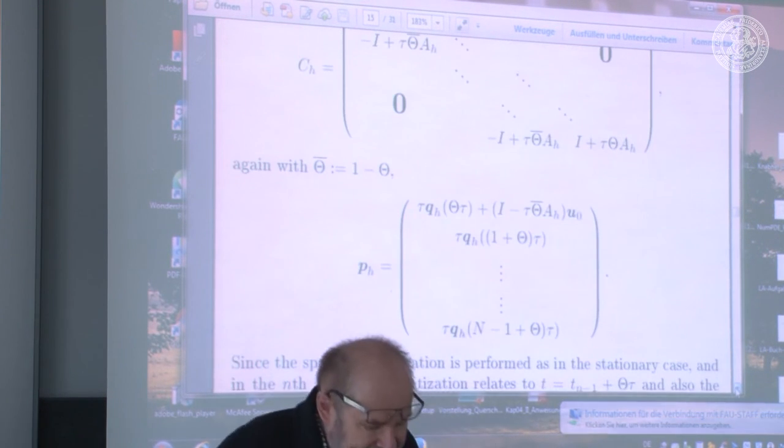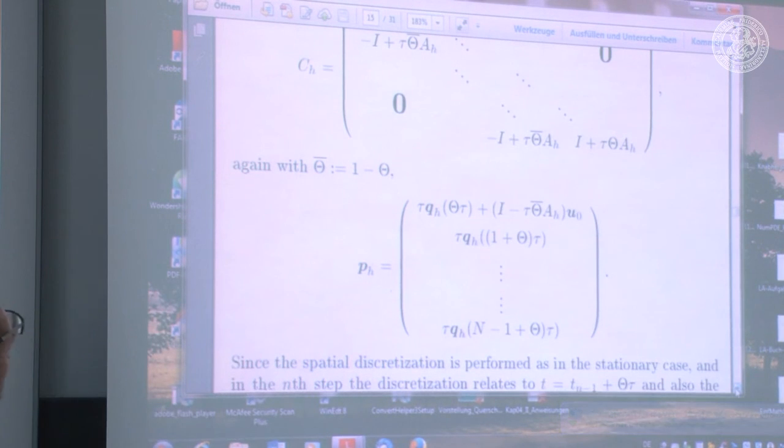Now we have the right-hand side. The right-hand side consists of the corresponding evaluation of the right-hand side we have after the discretization in the semi-discrete version, which produces us the QH, which consists of the F parts, of the distributed parts, but in the finite element case it could also include the boundary integrals, which come from inhomogeneous flux conditions or inhomogeneous mixed conditions.